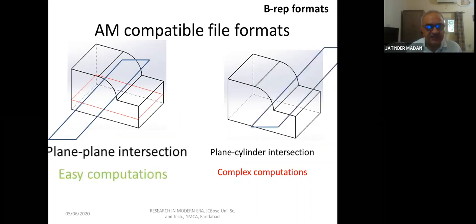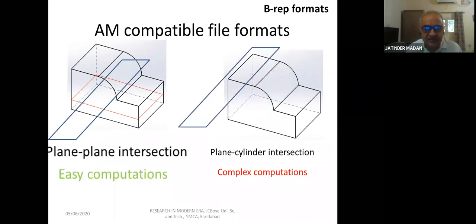Now here comes a plane-cylinder intersection, which is a complex computation. Because the cylinder has a quadratic equation, while the plane is a linear equation. Simple. So you have complex computations.